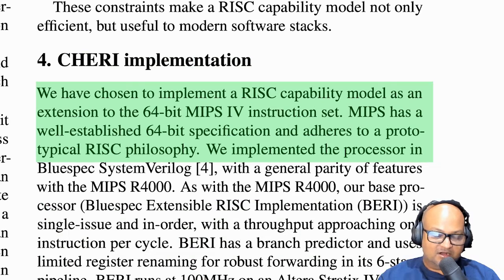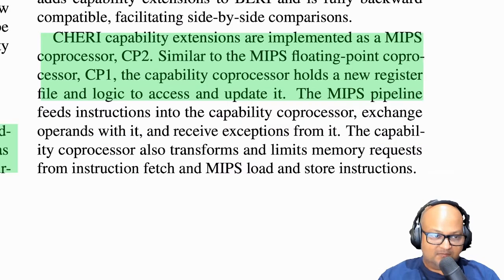So to get concrete, in this paper, the authors have chosen to implement these ideas as an extension to the MIPS instruction set. But as I mentioned before, you can port the same ideas to other common RISC architectures as well. They implement this as a coprocessor. Think of it as analogous to a floating point coprocessor.